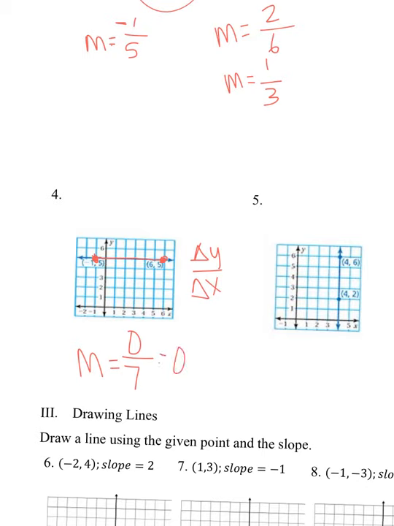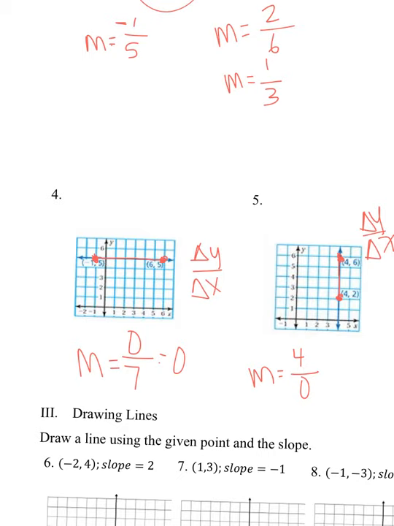So let's take a look at the next one. Change in y over change in x. We're going to go from this point here to this point here. So slope equals change in y, so rise 1, 2, 3, 4, over change in x. I'm running none. I'm not running any.